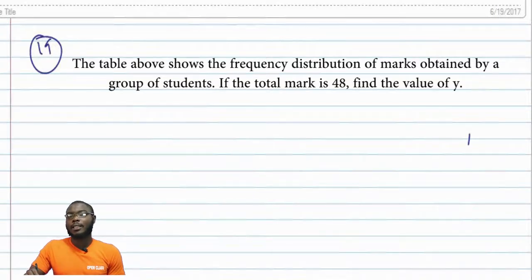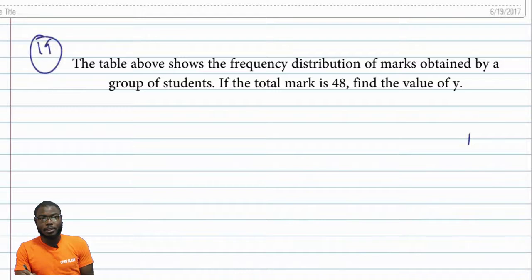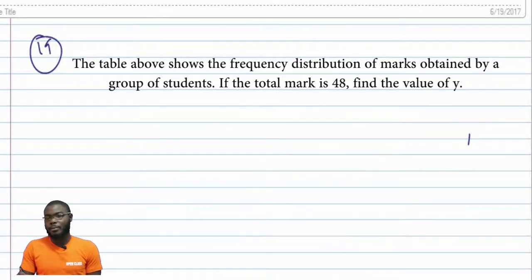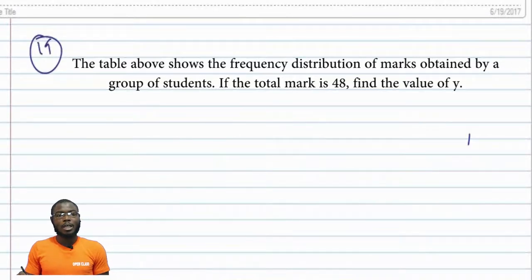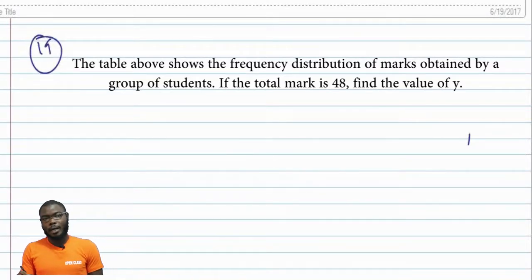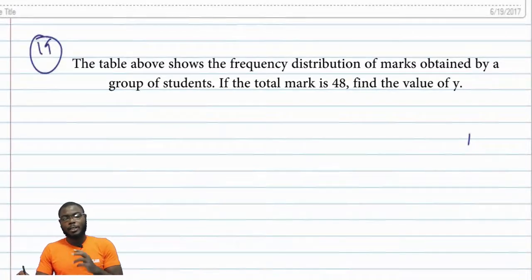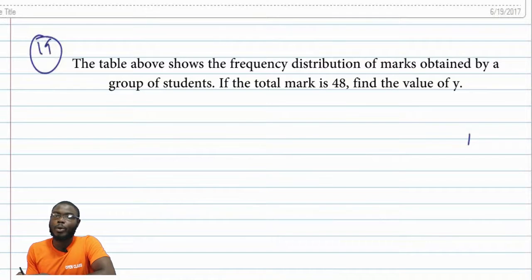If the total marks is 48, find the value of y. So all you need to do is multiply the marks by the frequency, and then we equate that to what?